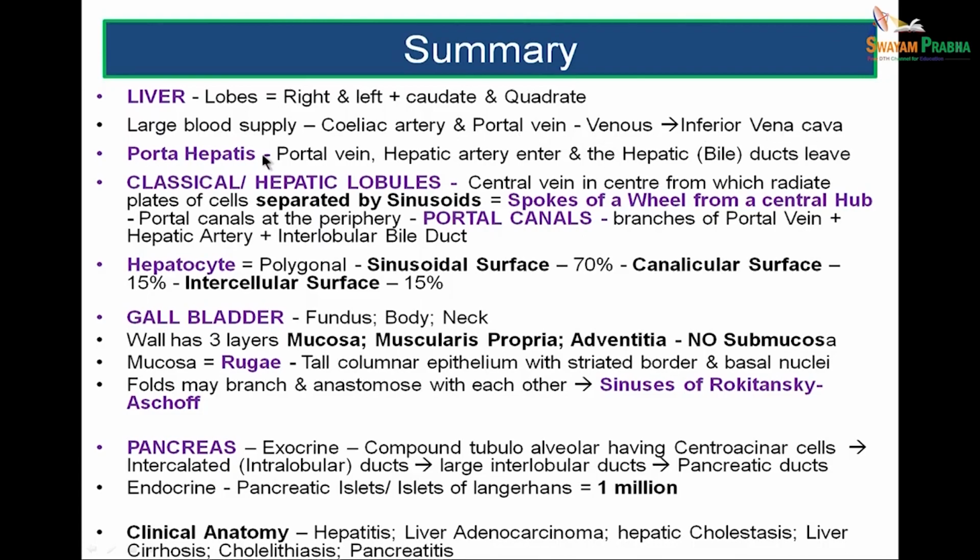The porta hepatis is the part on the inferior surface of the liver where the portal vein, hepatic artery and nerves enter, and the hepatic bile ducts and the lymphatics leave.